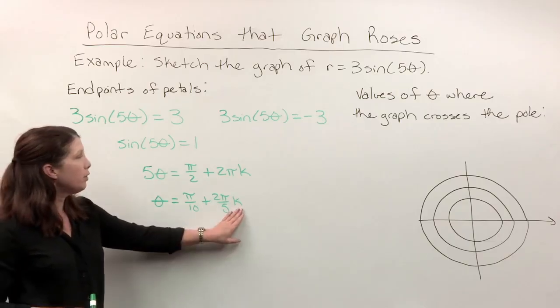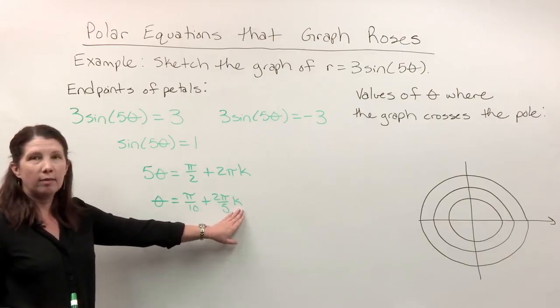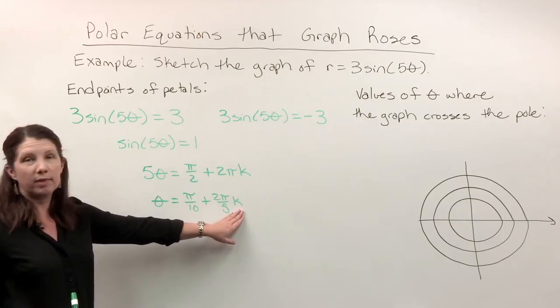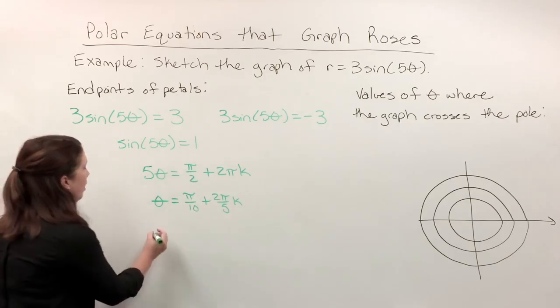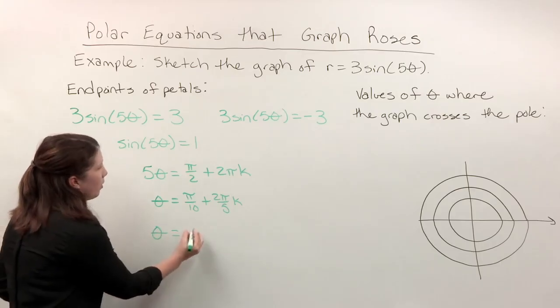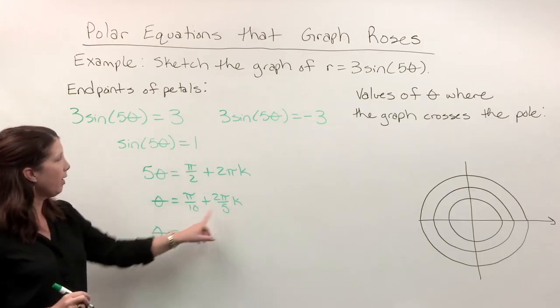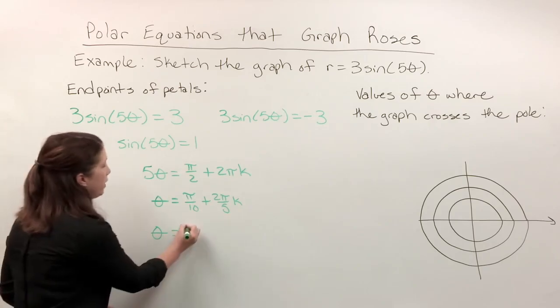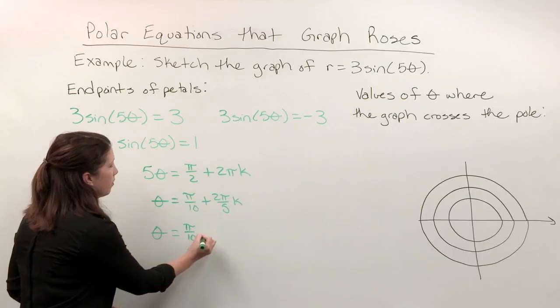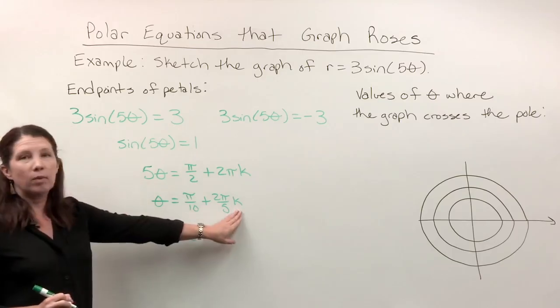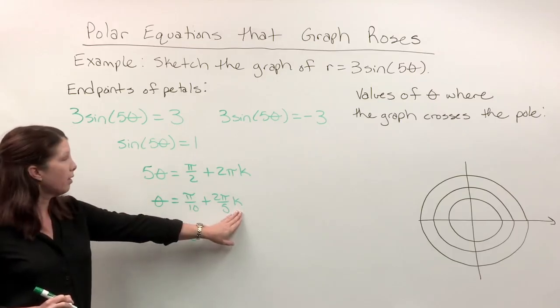Now I begin substituting in values of k, integer values beginning with 0. So starting with a value of 0, if I substitute in 0 for k, I get that theta is pi over 10. Next, I would want to substitute in 1 for k.